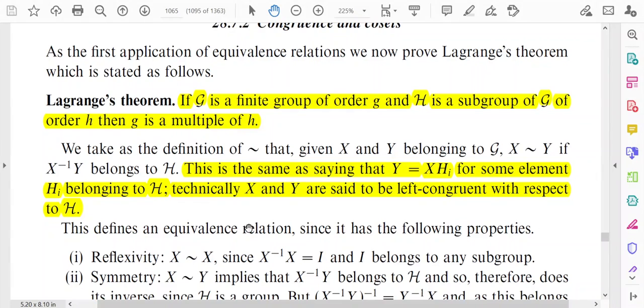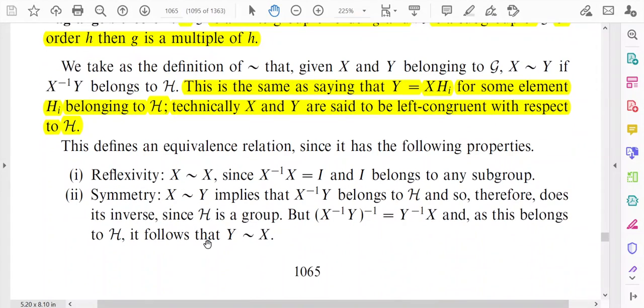Technically, x and y are said to be left congruent with respect to H. This is technical terminology. Now, this definition, that x inverse y belongs to H or y is equal to x Hi, is in accordance with the equivalence relation.